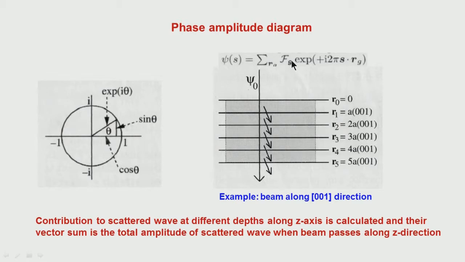In a graphical representation, since this is a complex quantity, in a complex plane it can be represented as an amplitude and an angle theta. If we represent it that way, then when something has been scattered, the position of R is changing as we go along this column.